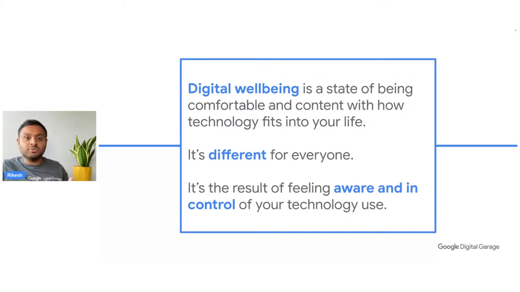Obviously, it's more tailored and geared towards technology, because that is why we've got the word digital there. But digital well-being, as you can see here on screen, is different for everyone. Hence why I kicked off this section and said, find your balance with technology, because this is going to be different for everybody who is tuned in for this session today.